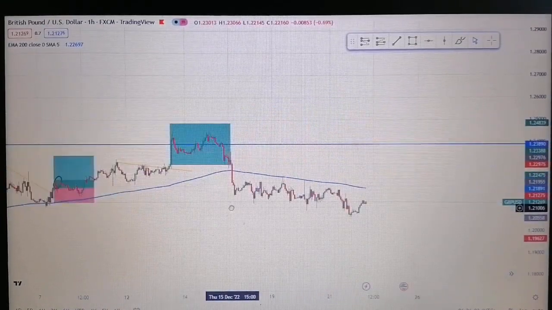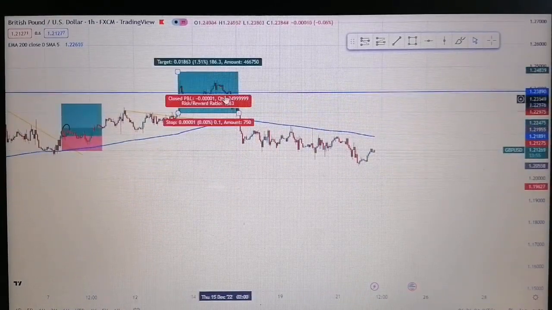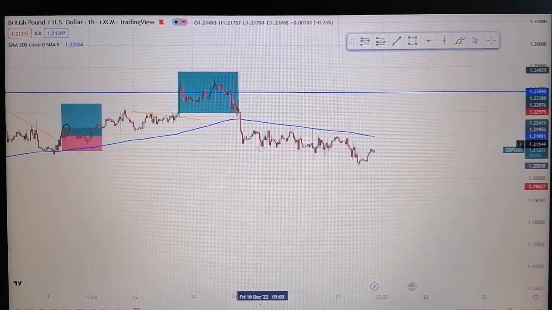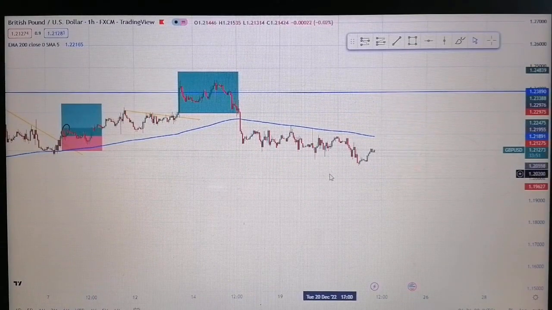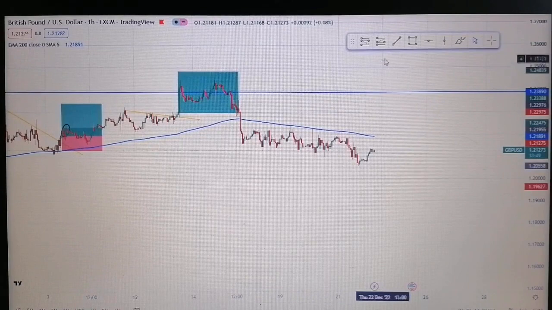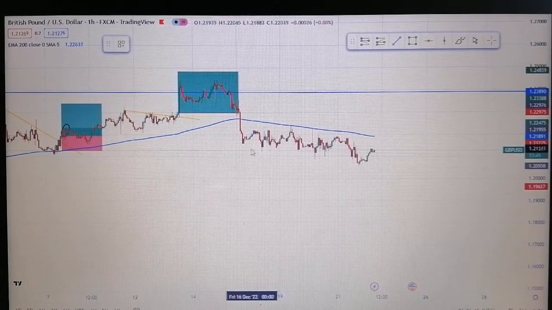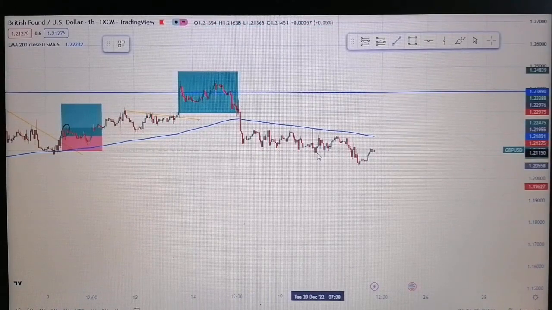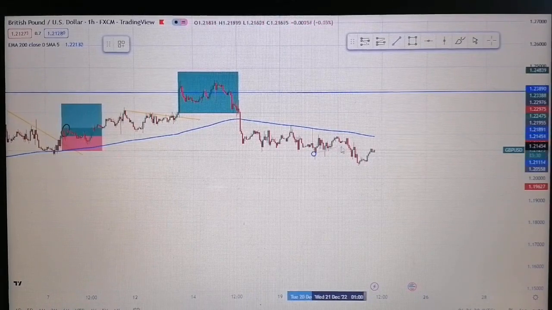Now let's look for sell setup. As you can see right here, price came below the 200 moving average. Now you are looking for sales. You wait for 3 touches. 1, 2. This is not a valid trend line. 1, 2, maybe 3 here. You have a trend line somewhere right here.